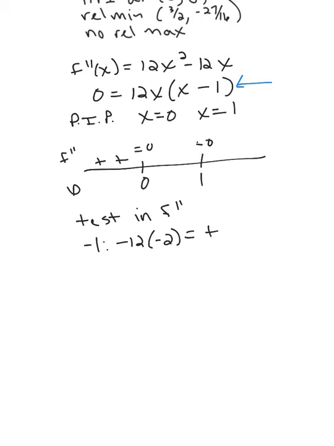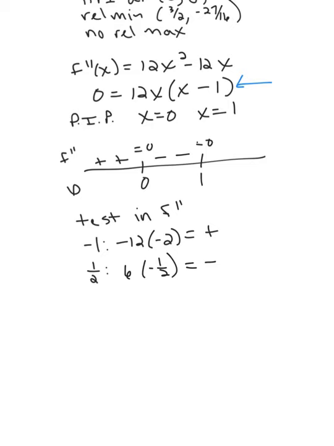Between 0 and 1, there isn't a wonderful number because everything between 0 and 1 is a fraction. So the easiest fraction to test would be 1/2. If we put 1/2 into that derivative, we would get 6 on the outside, and 1/2 minus 1 is negative 1/2 on the inside, and that would give us a negative answer. So the area between 0 and 1 is negative, which will be concave down.